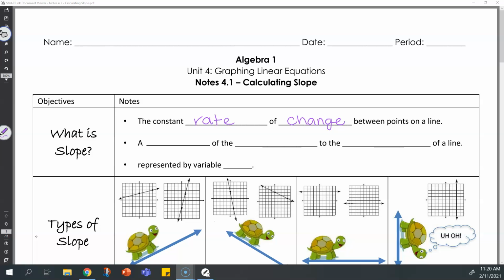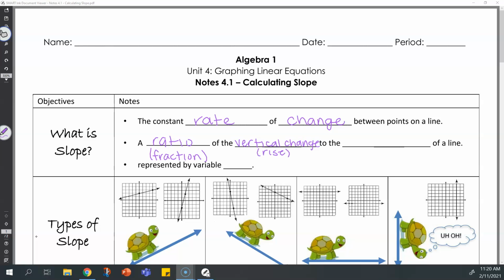Okay. Slope is also defined as a ratio, frequently presented as a fraction, of the vertical change, how you move up and down from one point to the next, which we sometimes call the rise.